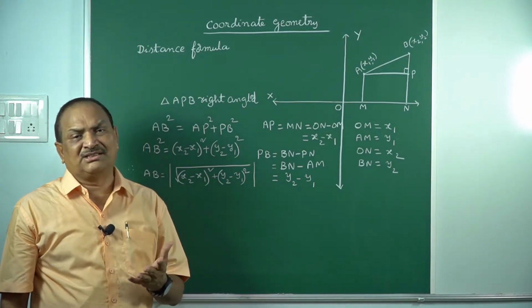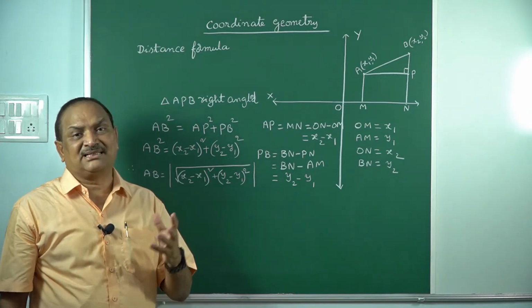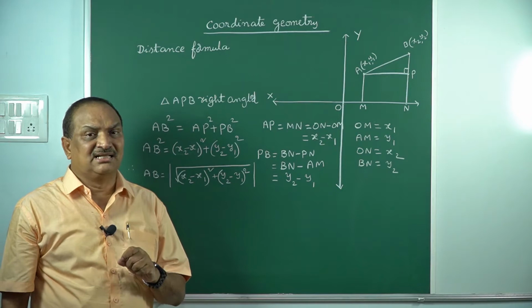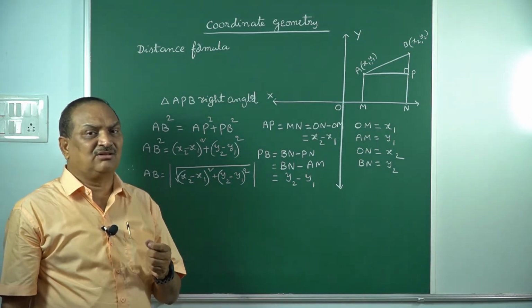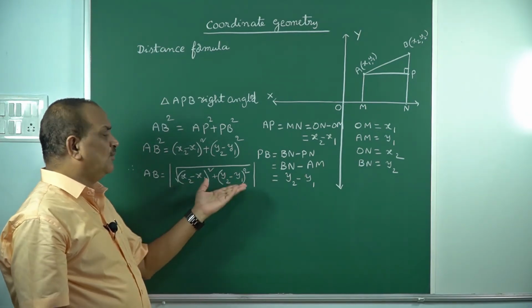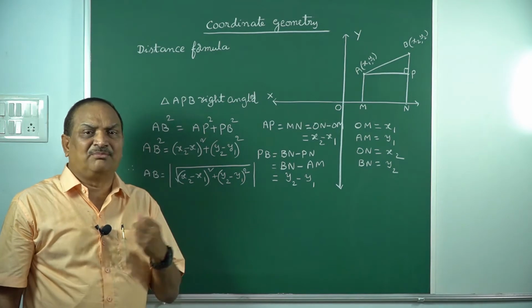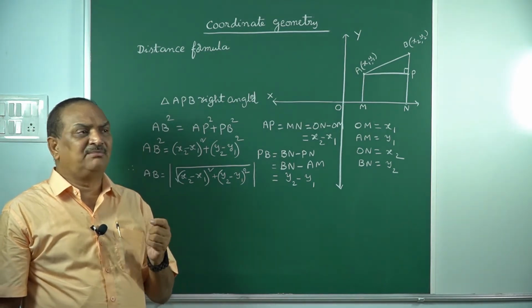There's no question there, but when you find out the root, you can't write plus or minus, because this is a distance. Distance is always positive, and therefore we just write mod. Generally you can omit it also. It's not so important for you, but you should be pretty sure that the distance can't be negative.